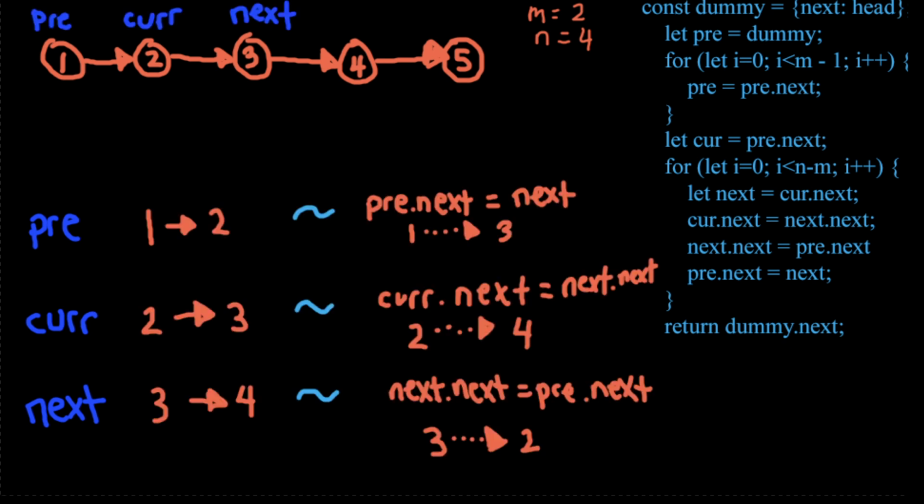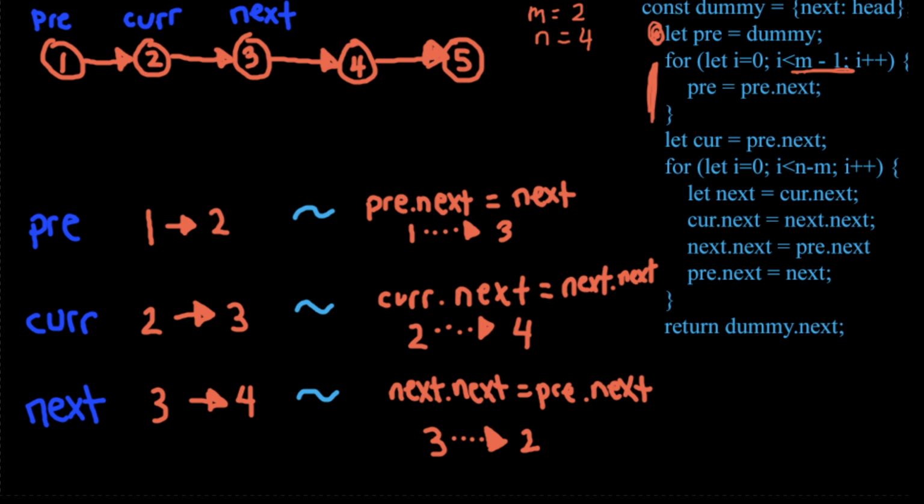And so if you follow the code, what you see is that basically you have a dummy pre, which is very similar to when you reverse a linked list. And then here you step through until you get to M.